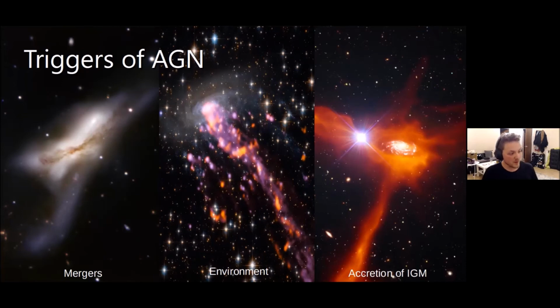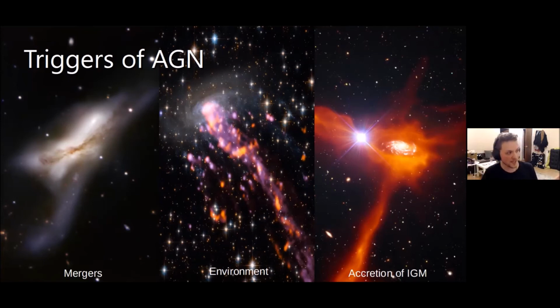One way to transport fuel into the central region is through mergers. If you have two galaxies that interact with each other, all the gas that is rotating around can be disturbed quite heavily, and it can then have an easier time falling onto the core region.